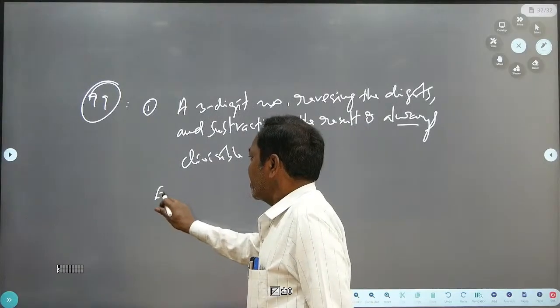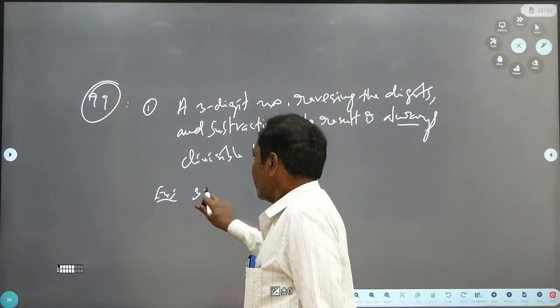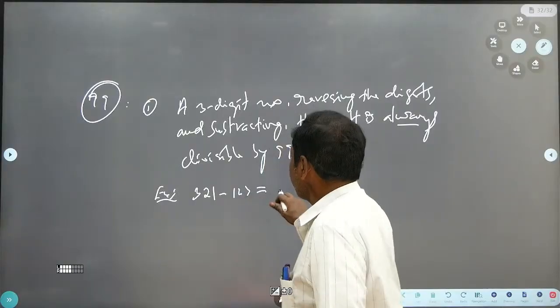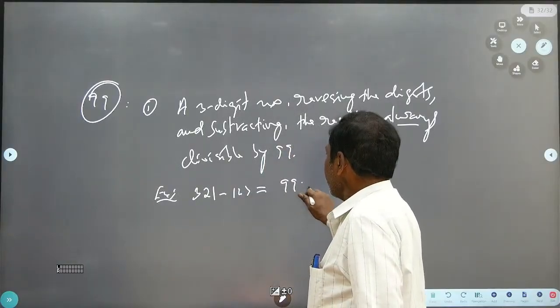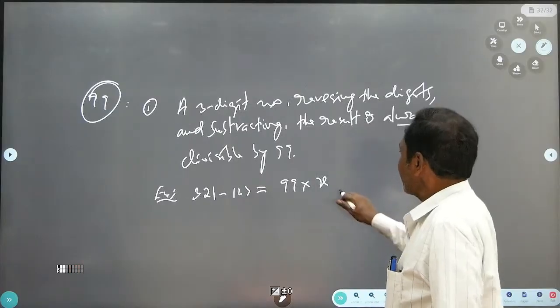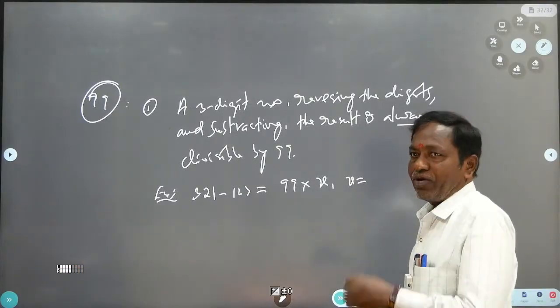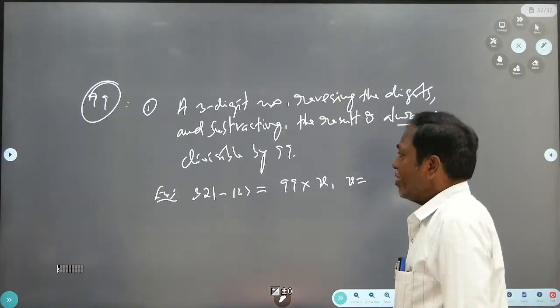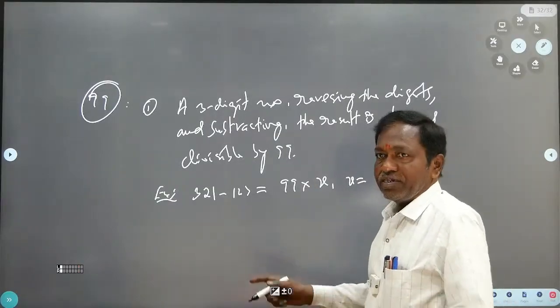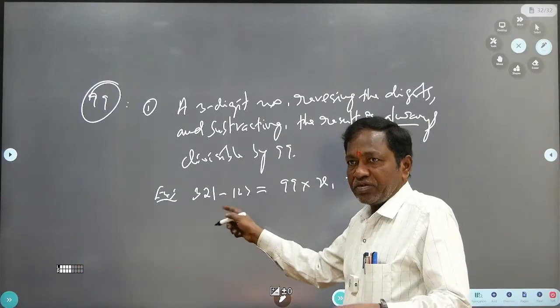Examples, let us take. 321 minus 123 is equal to 99 into x. What is the value of x? Now what we did in the previous session for 2-digit numbers: difference of digits.